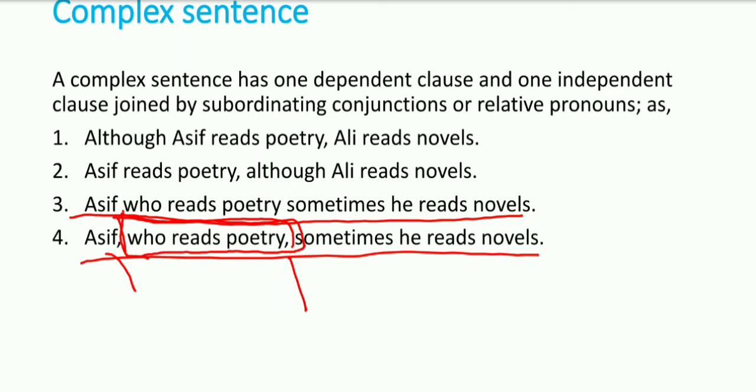But if you look at the first sentence, without commas, it will be considered not additional but a compulsory addition to the clause.